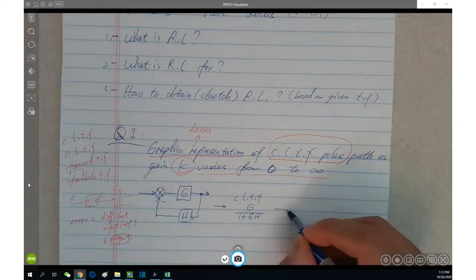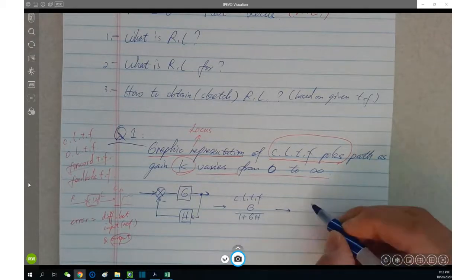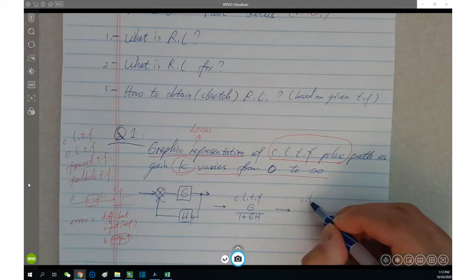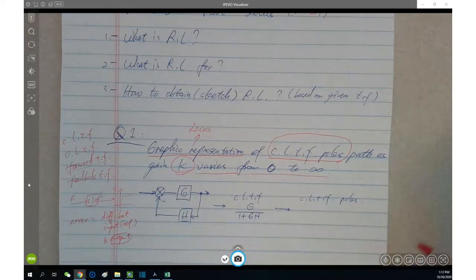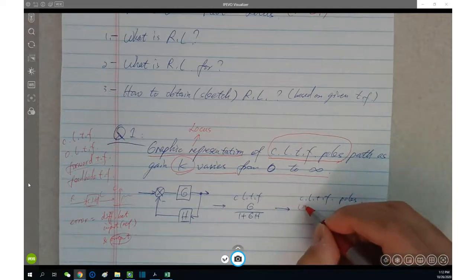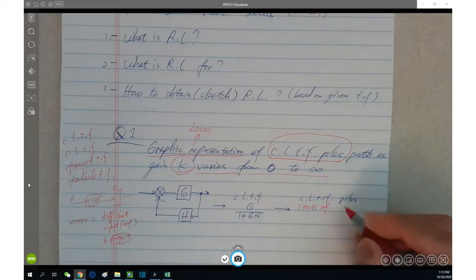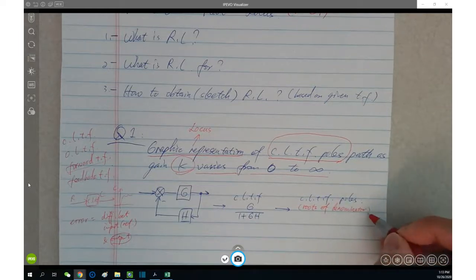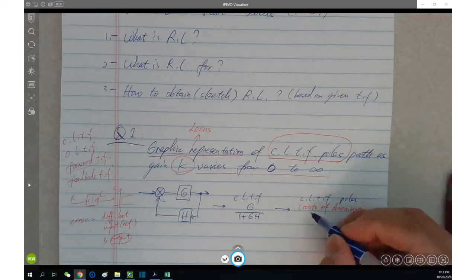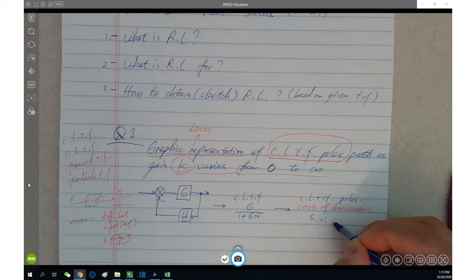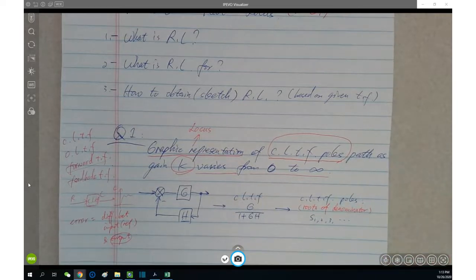And then from here, you know you can find the closed loop transfer function poles, which are also the roots of the denominator. And they might be as 1, 2, 3, a limited number of poles.